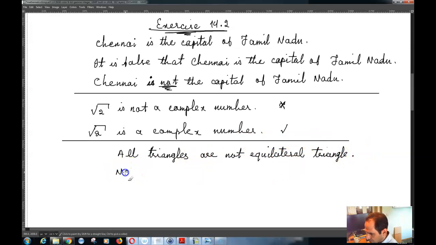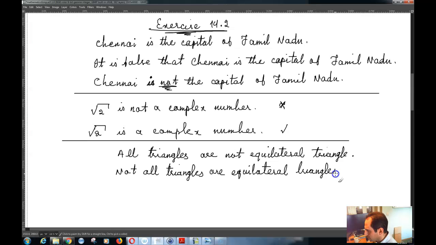You can write it this way. What that means is this: not all triangles are equilateral triangles.